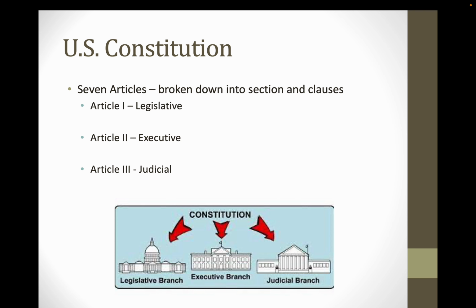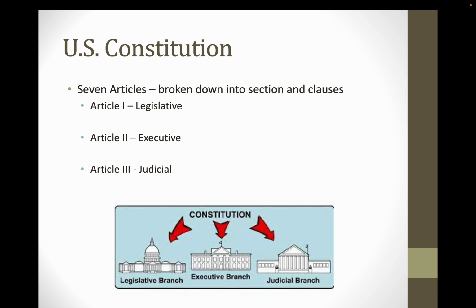So an article is just a section of the Constitution, and each one of the 7 is devoted to a different subject matter. Each article then can be broken down into subsections. The first subsection under the article itself is called a section. And then some of the sections are broken up into clauses. And so we'll do some work with that in the Constitution.